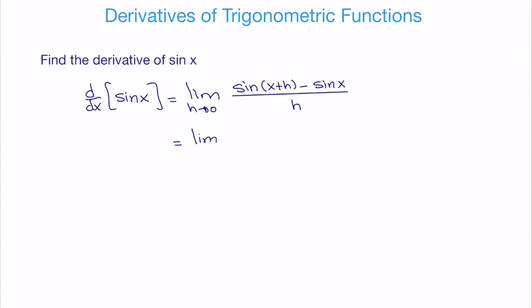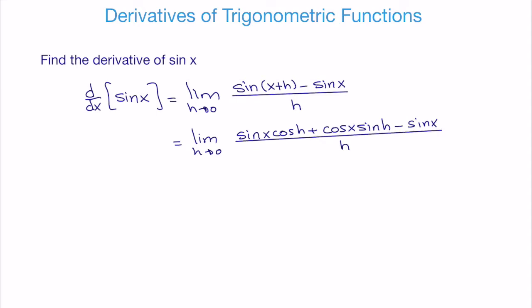This is the trig identity for the sine of the addition of angles. It says that sine of x plus h equals sine of x cosine of h plus, and now invert them, cosine of x sine of h, and we keep minus sine x here.